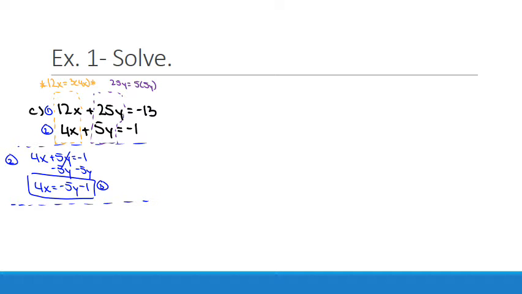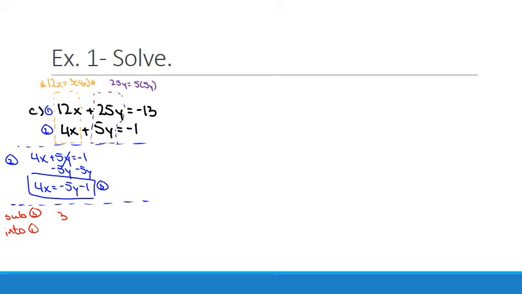Okay, and then what I'm going to do here is sub that into my equation 1. So sub 3 into 1. 12x, I'm going to write 12x as 3 times 4x.